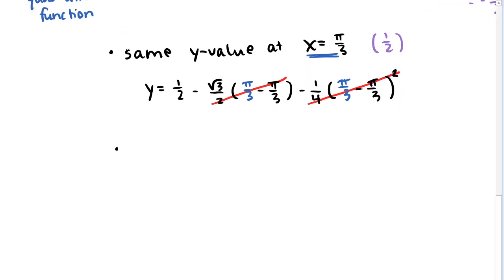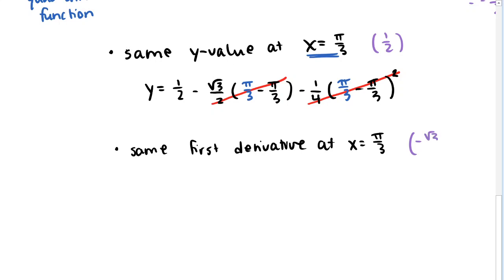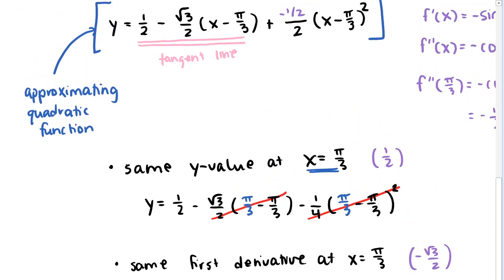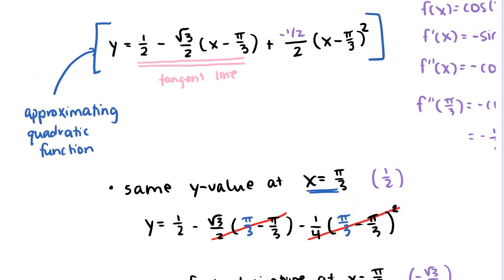Let's check the first derivative again. So let's check that we get the same first derivative at x is equal to pi over 3. The first derivative that we got earlier was, what was it? I believe it was negative square root of 3 over 2. Well, if we look at this original function and we take the first derivative, we already took the first derivative earlier of this part.